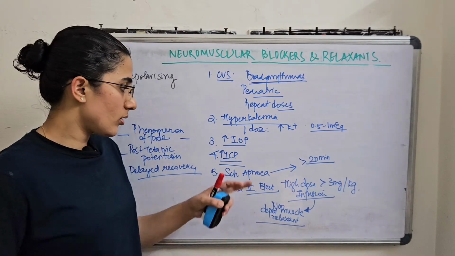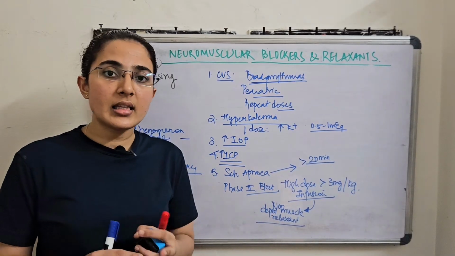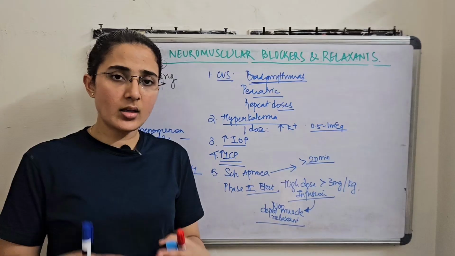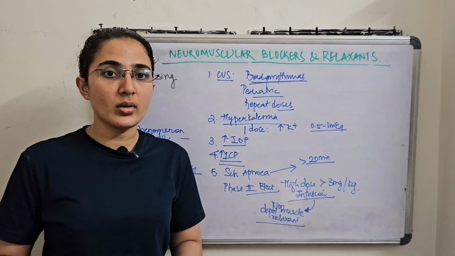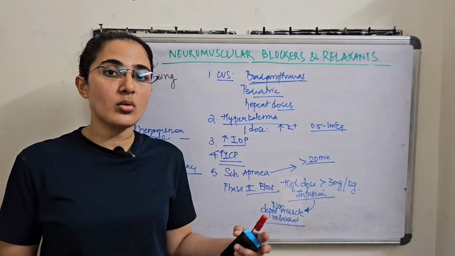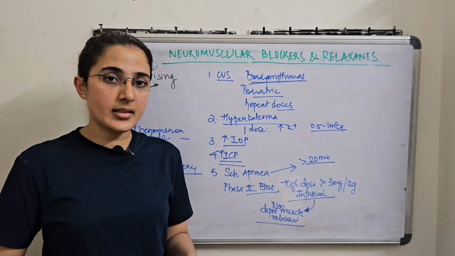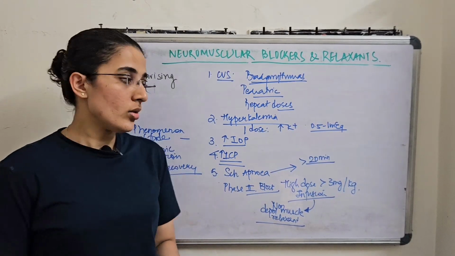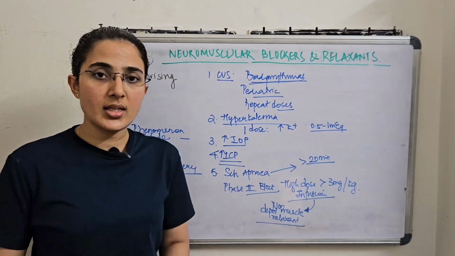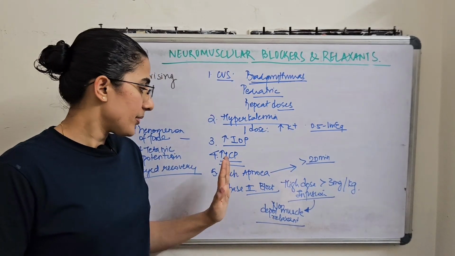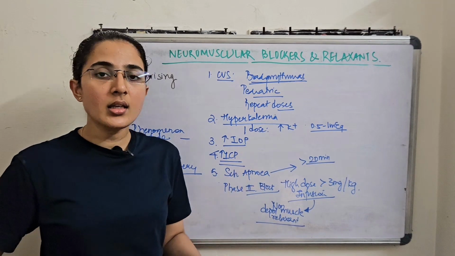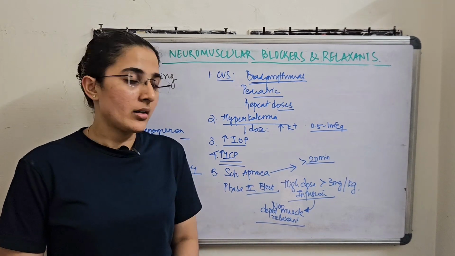So this is also one of the causes, and the delayed recovery is because of conformational change in the nicotinic acetylcholine receptor because of the prolonged dose causing desensitization, right? So these are two important terminologies which we must remember regarding succinylcholine, that is succinylcholine apnea and the phase 2 block, right?